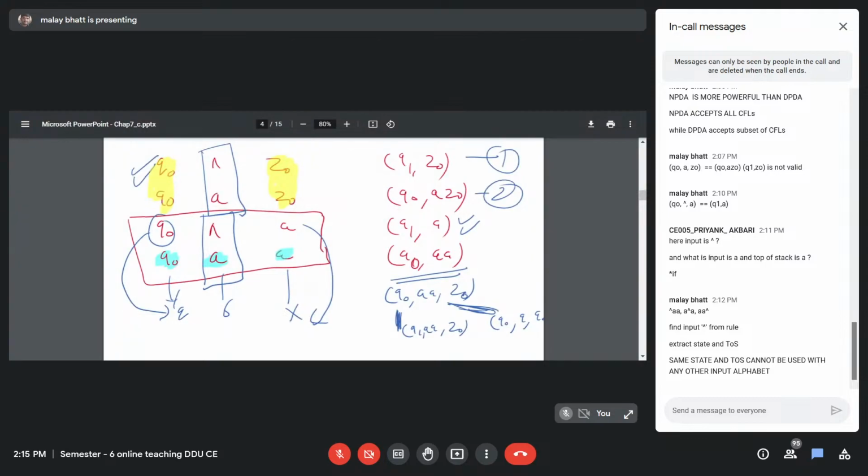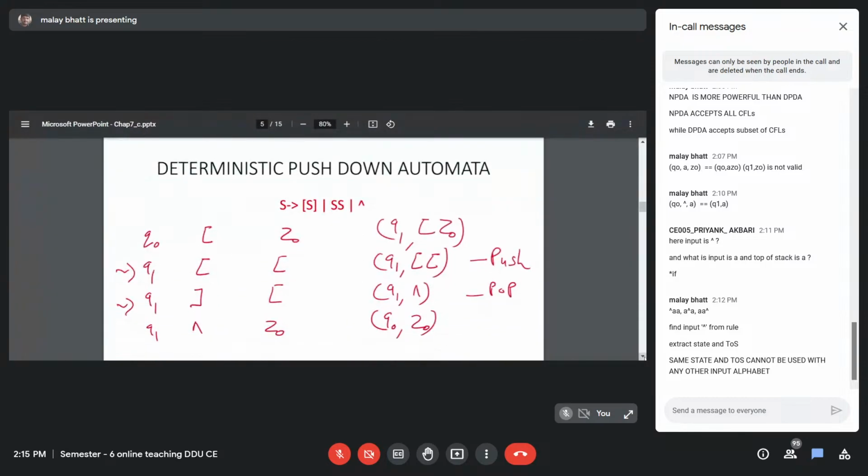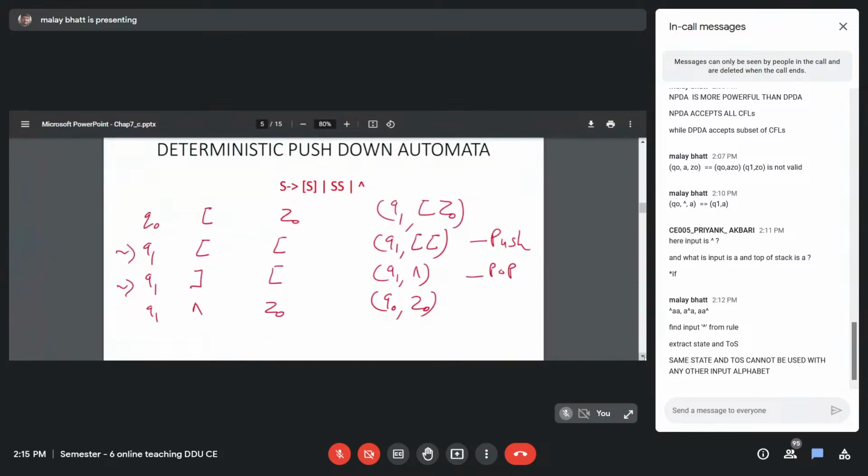Is it clear? Okay, so now with this, let us construct a deterministic pushdown automata. Our language is a balanced string of brackets.